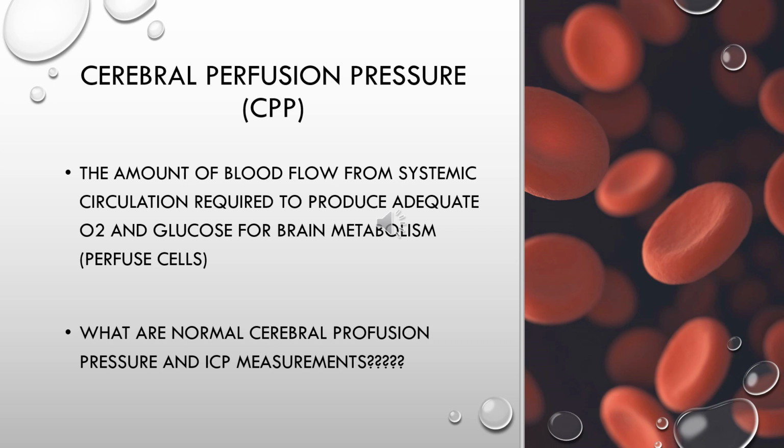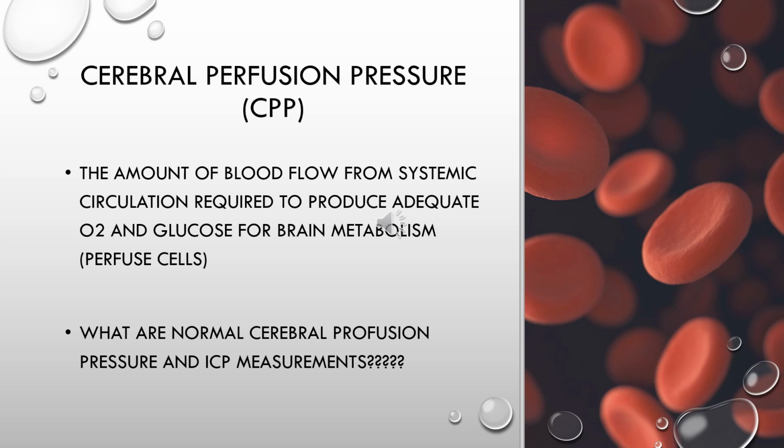Anything over that, you might start seeing too much pressure within the brain itself from that CPP. But the normal cerebral perfusion pressure you want to keep between about 60 to about 80. That's kind of your normal reference range for that. Like I say, don't panic or think that's not right if you hear 60 to 100, because some references will use that, and that is completely fine too.